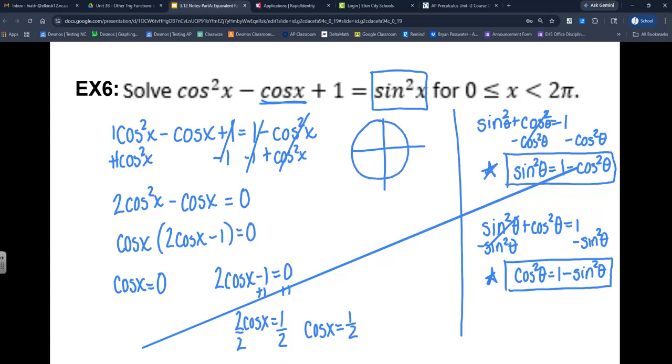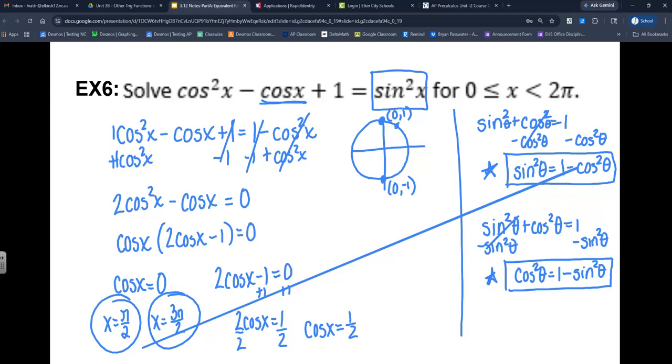Cosine is the x-coordinate. X-coordinate is 0 right here at (0, 1). So that is x equals pi over 2. Also right here, (0, negative 1). That is x equals 3 pi over 2. And then I need cosine x equals 1/2.